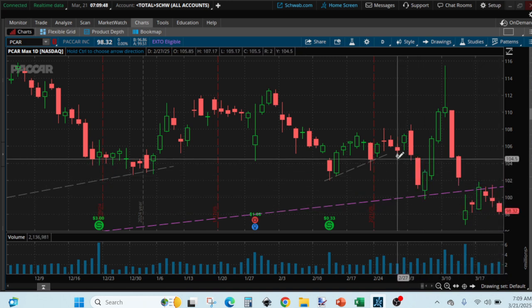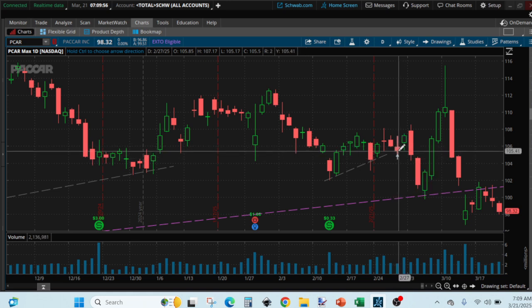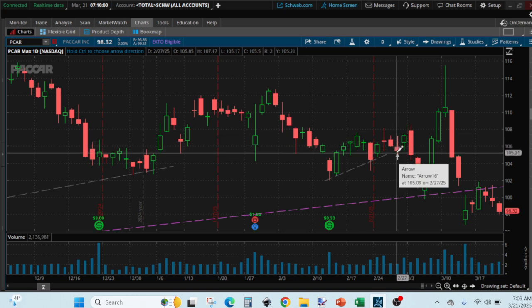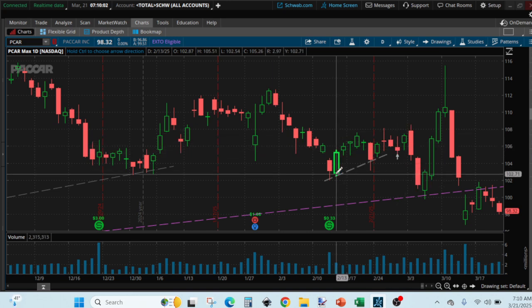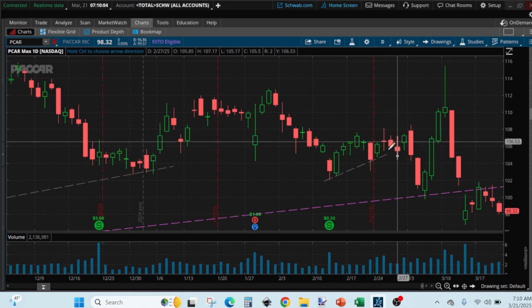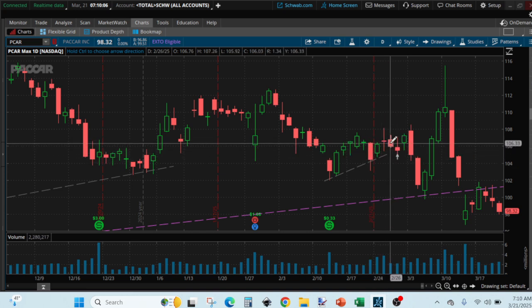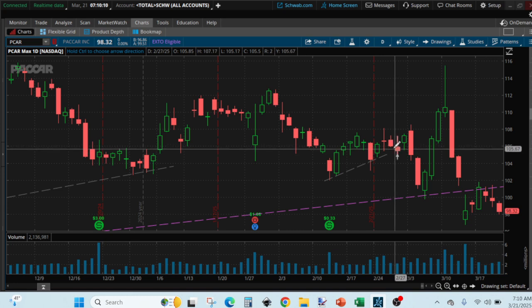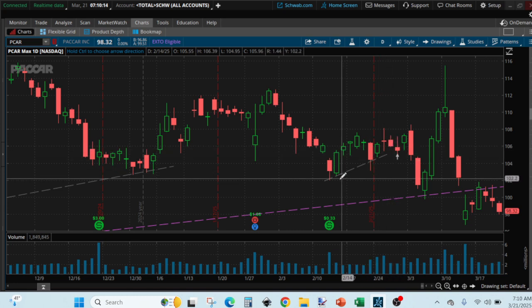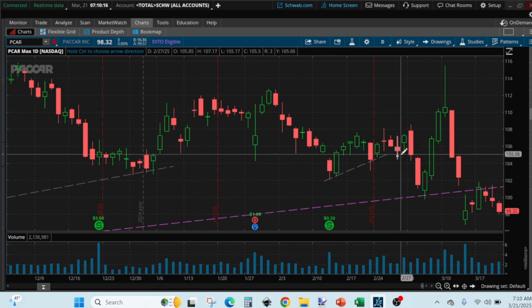So we bought it again, but you can see after we purchased it, the day we purchased it, the green bar, we tend to purchase it on green bar days, but it became red by the time the markets closed. We look for higher lows, and this was the low before that day, and it was higher than this one, which was higher than this one, and we made a purchase.